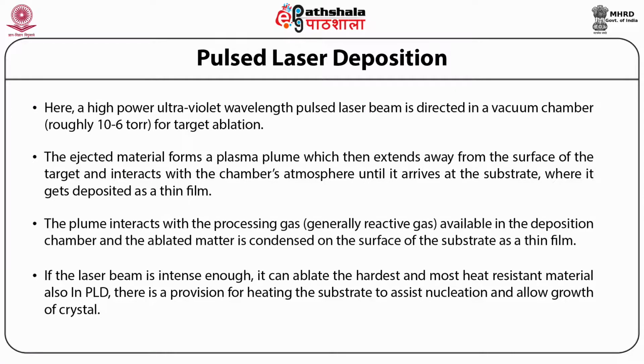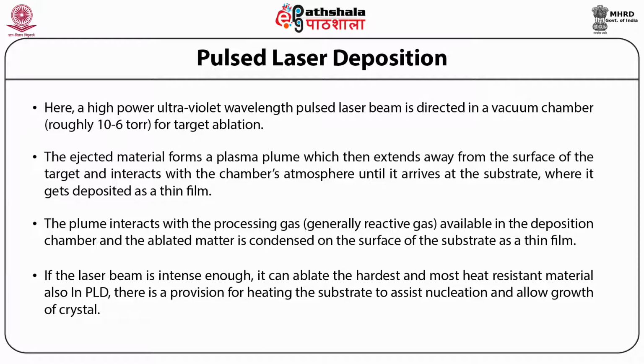The plume interacts with the processing gases, generally the reactive gases available in the deposition chamber, and the ablated matter is condensed on the surface of the substrate as a thin film. So, if the laser beam is intense enough, it can ablate even the hardest and most heat resistant material.